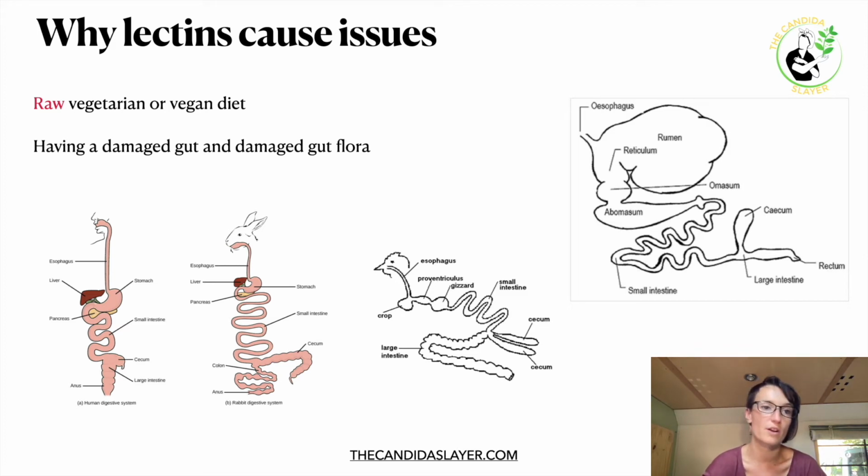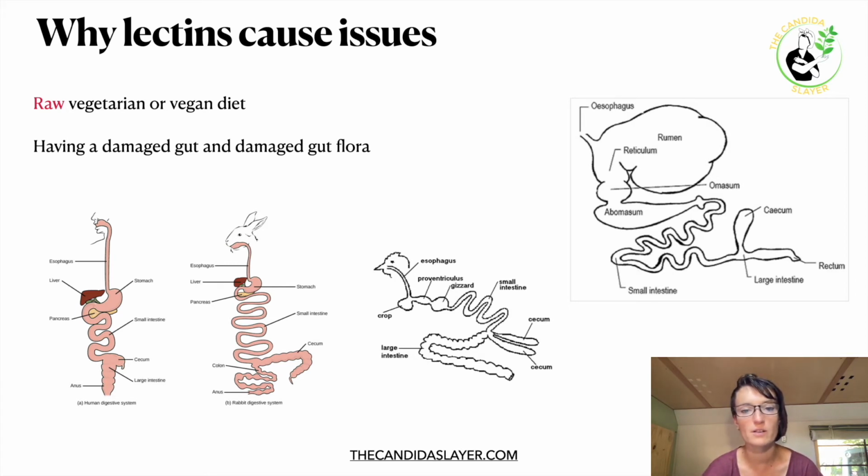So if you are vegetarian and or vegan, and especially if you eat raw plant foods, and if you don't prepare your seeds, grains, and so on the correct way, you will have issues with lectins and other anti-nutrients if you have a damaged gut and if you don't have a good gut flora, because we will talk about it in the next slides.